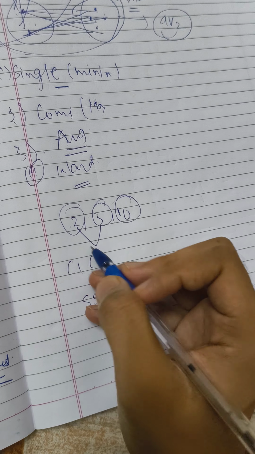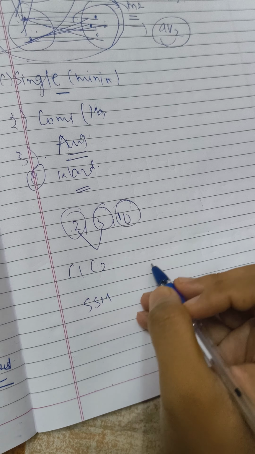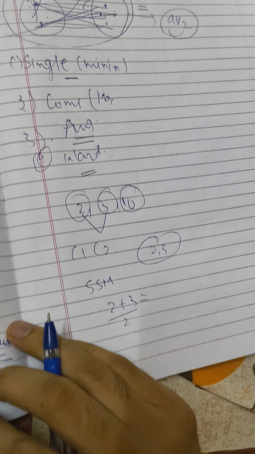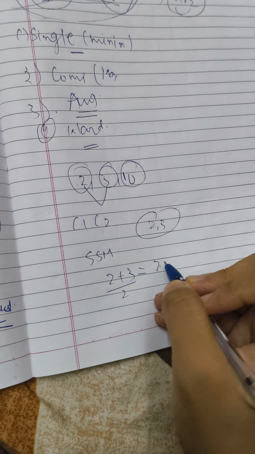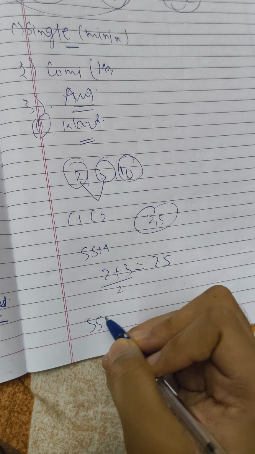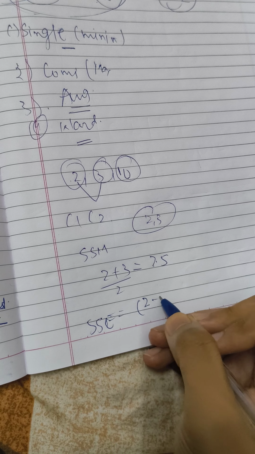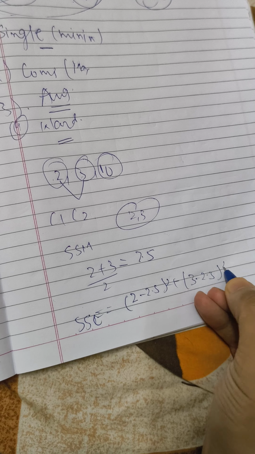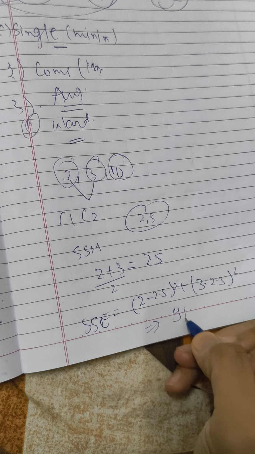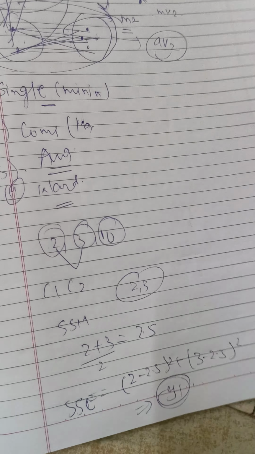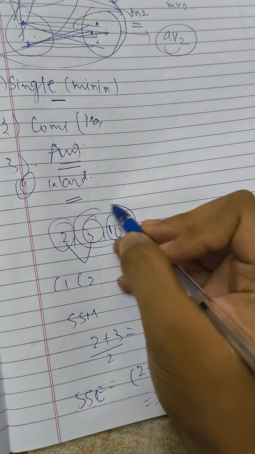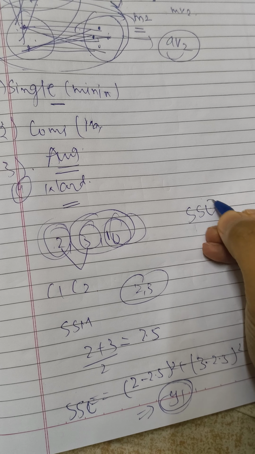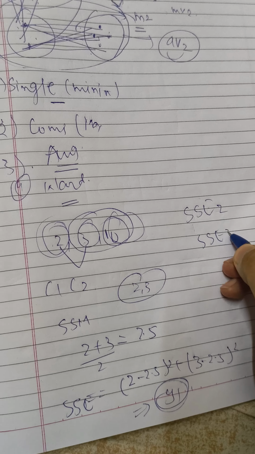Clustering these two values, 2 and 3, first we calculate our mean, (2 plus 3) divided by 2, which is 2.5, and then we calculate our sum of squared errors, that is nothing but (data minus its mean) whole square plus (data minus its mean) whole square. So we will come out with some value, y1 suppose. Similarly, I will calculate the same for 3 and 10 and 2 and 10 also, so I will get three values: SSE1, SSE2, SSE3.